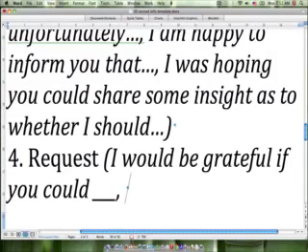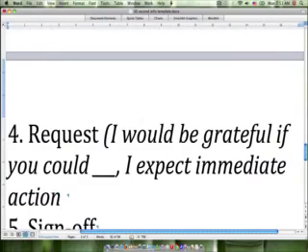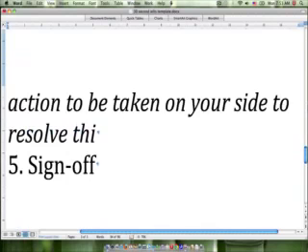Now, in the event that we are unhappy or even angry, we need to use some stronger language than this. So, we would say something like, I expect immediate action to be taken on your side to resolve this issue.